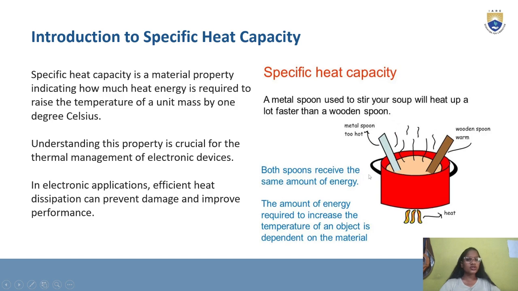Because both spoons receive the same amount of energy. The amount of energy required to increase the temperature of an object is dependent on the material. We all know that metal materials quickly adapt to the heat surrounding, unlike wooden ones.